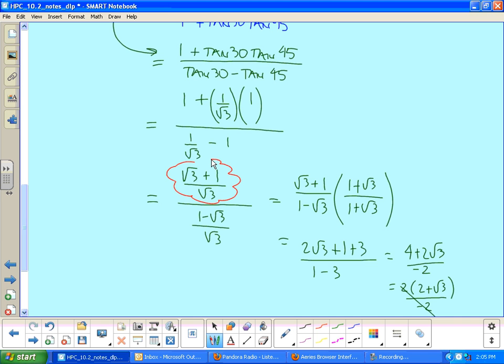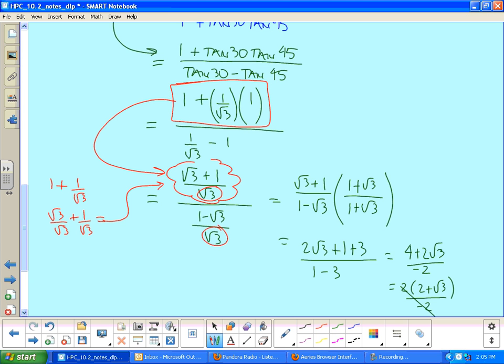How did I get that from here? 1 plus a 1 over root 3. I just make common denominators. Root 3 over root 3 plus 1 over root 3, and then simplify it to look like that. And then once you have the same denominators, the root 3's just cancel each other out after you keep, change, flip. And then you have to rationalize.